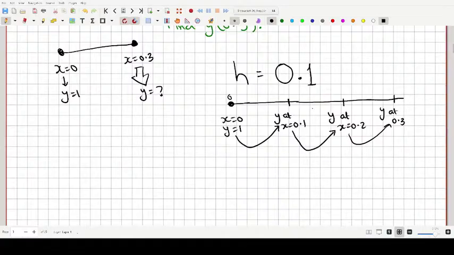It's a number line thing, from 0.0 to 0.1 to 0.2 to 0.3. So we'll be using a three-step method. If it is 0.4, we'll use 0.1, 0.2, 0.3, 0.4.